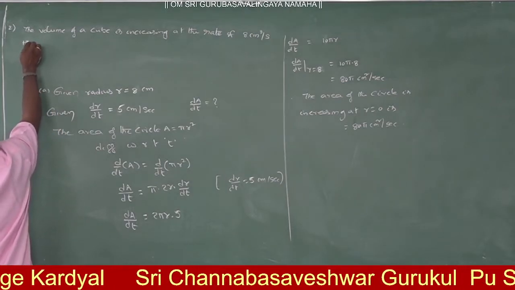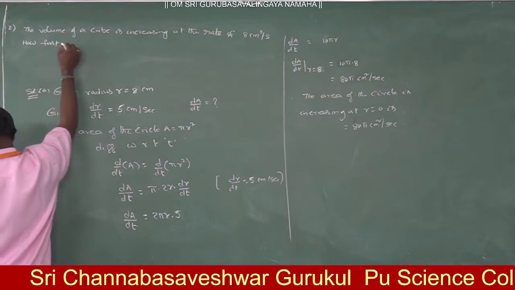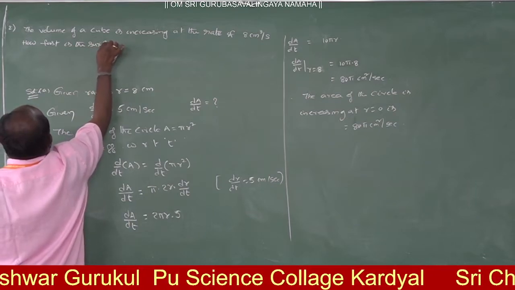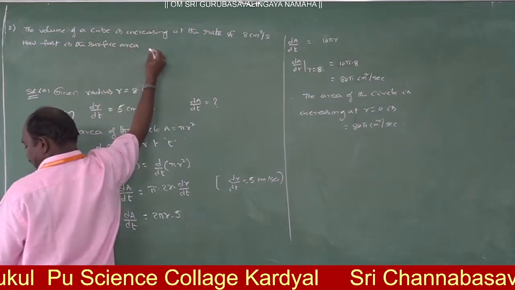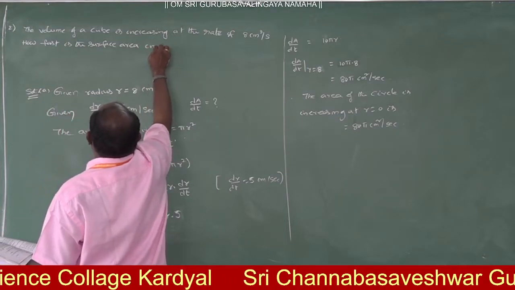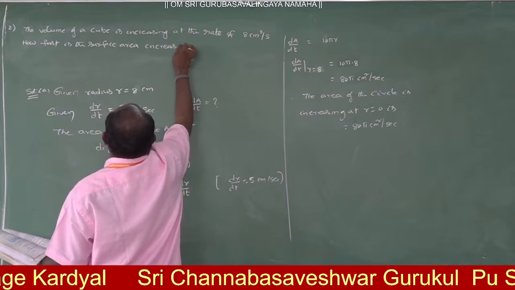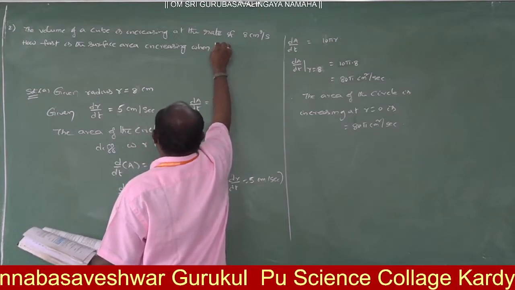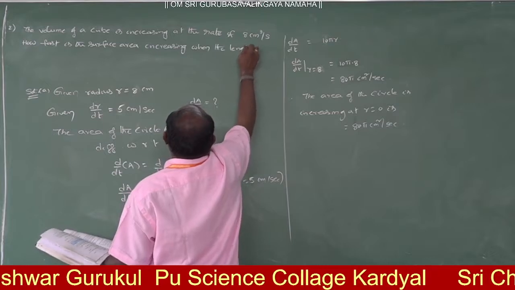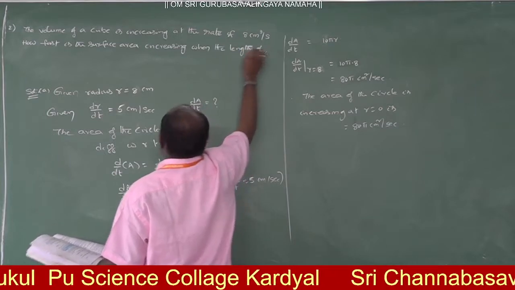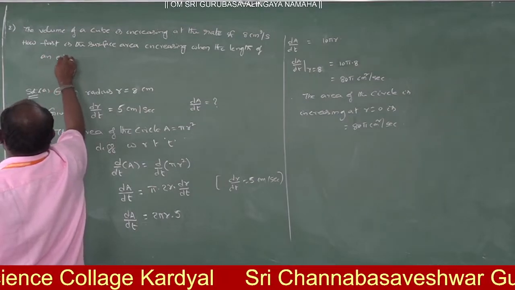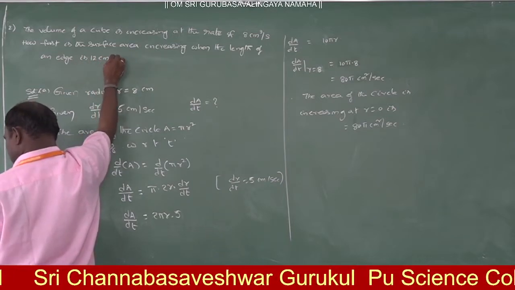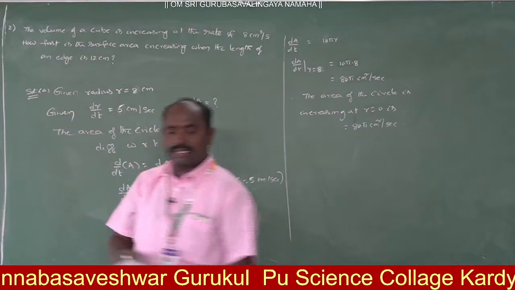How fast is the surface area increasing when the length of an edge is 12 centimeters? An edge 12 centimeters.